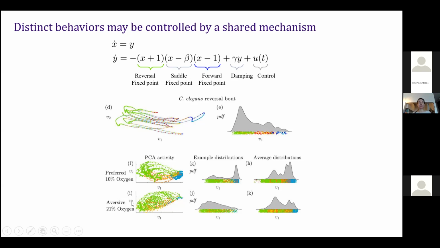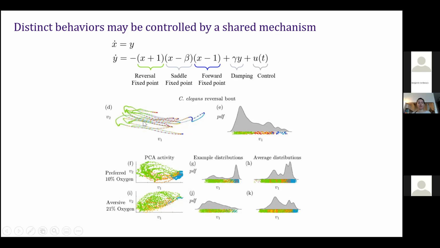So if you increase the oxygen level in its environment, this forward swimming state becomes kind of destabilized. It won't spend a whole lot of time swimming forward. And so how this corresponds to the nonlinear model is it shows maybe there are 2 distinct mechanisms that are responsible for supporting forward swimming.